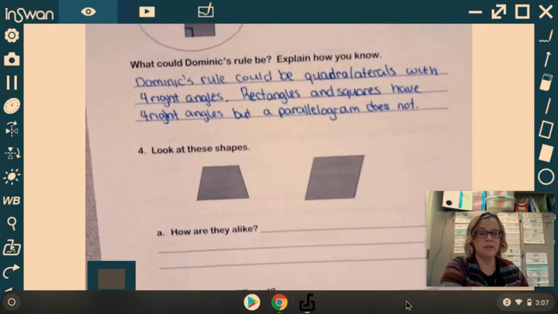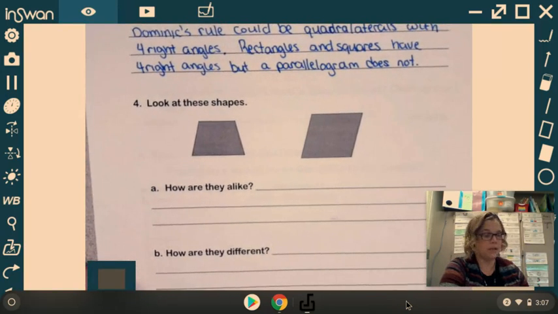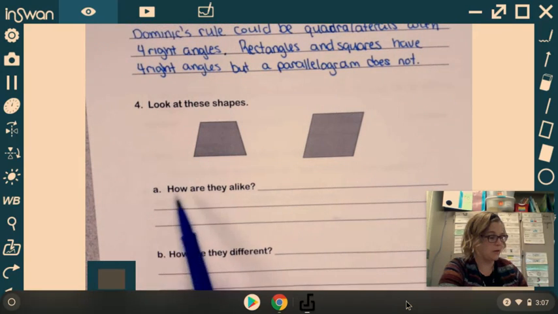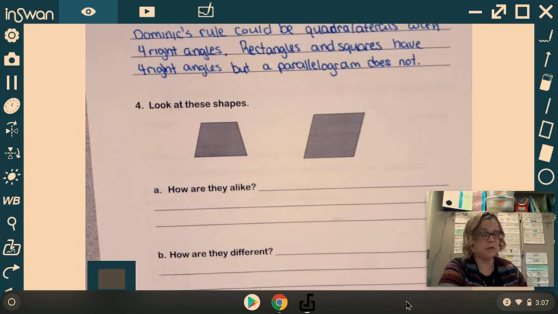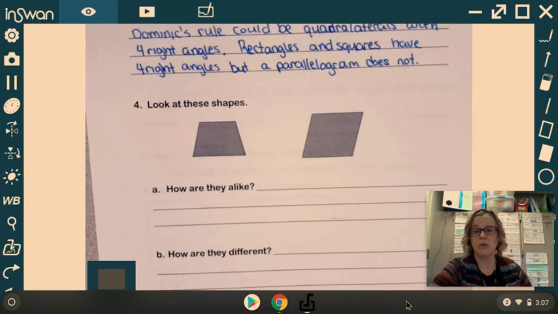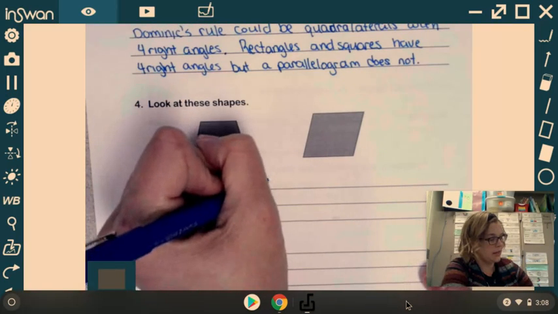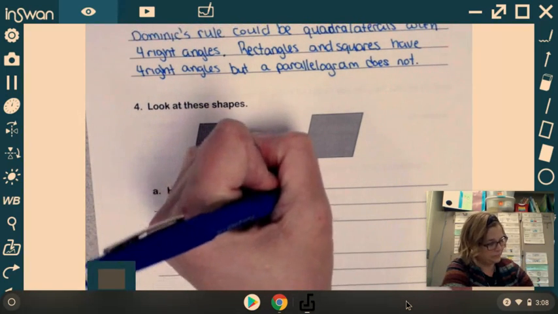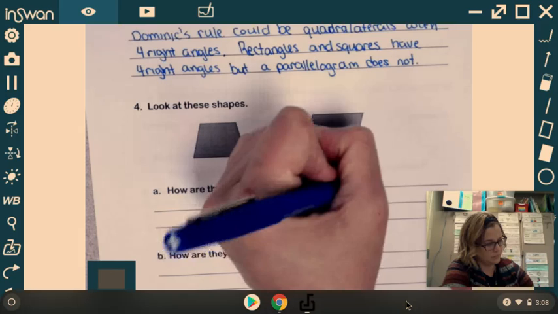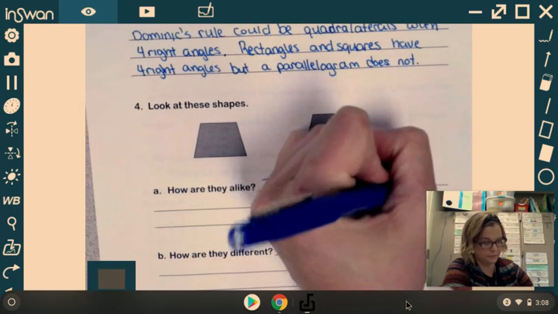All right. Number 4 says, look at these shapes. Part A says, how are they alike? How are they different? So what is one way that you can tell how they are alike? You should have said something like, they are both polygons.